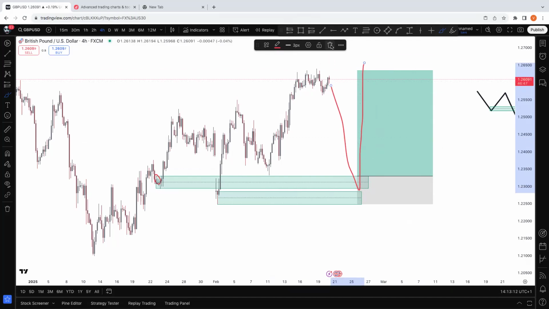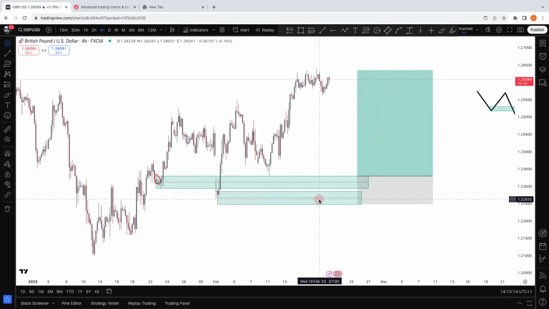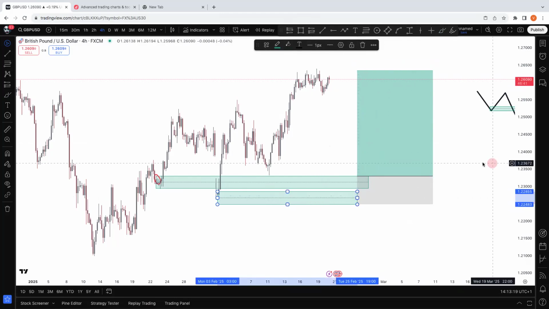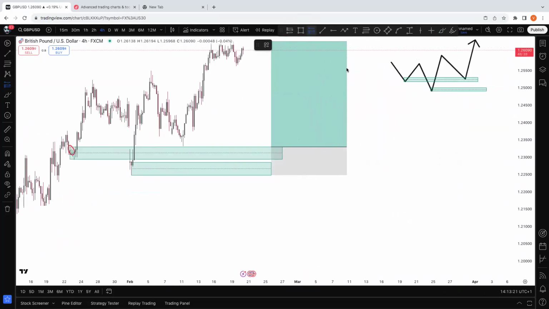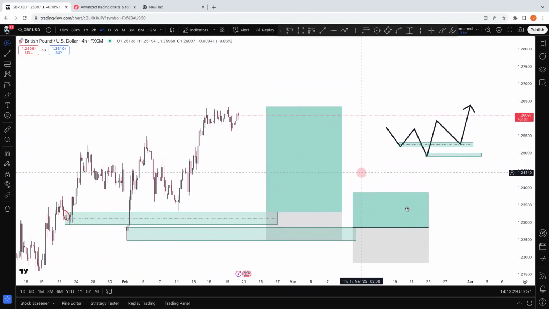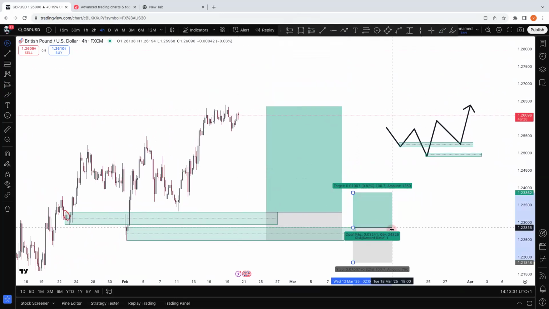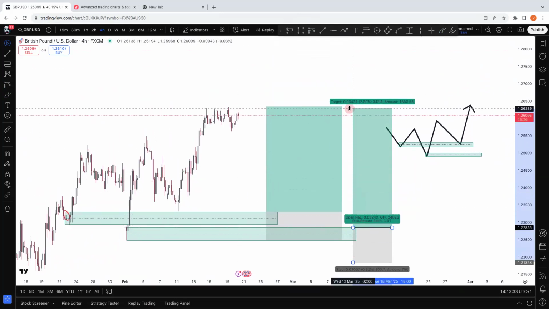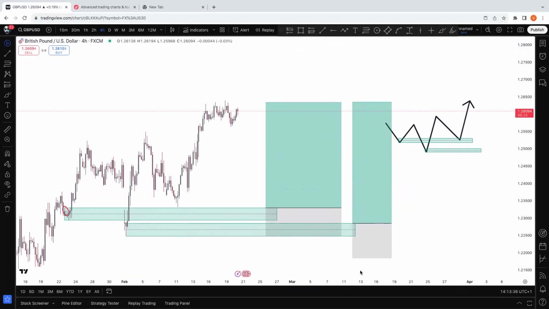Although when you use the order block, you're going to get a high risk to reward, your RR. Let's use this order block so that you see what I'm talking about. Let's say we are using this order block here, and we place our buy position here, and we drag it all the way to the upside, to this same length.